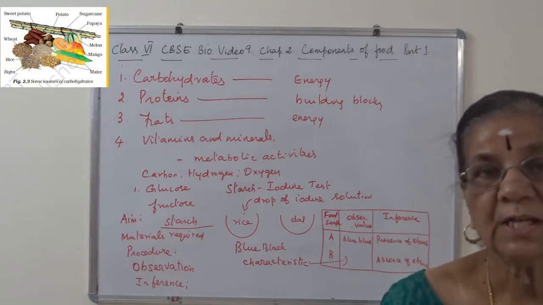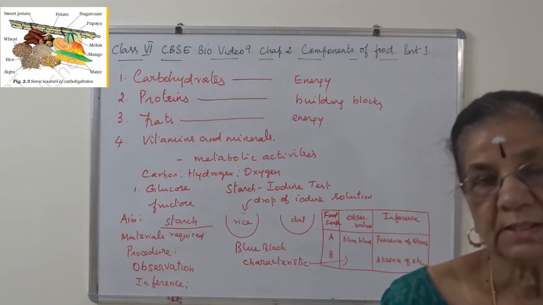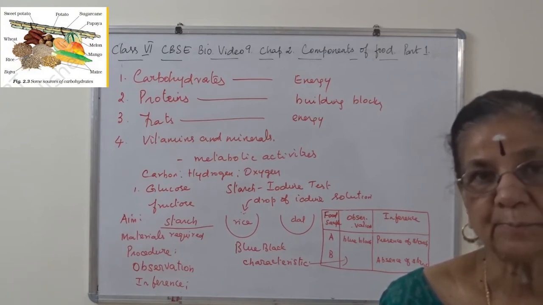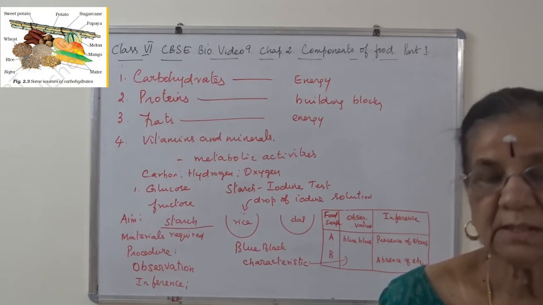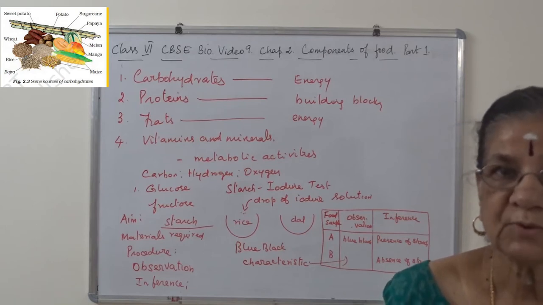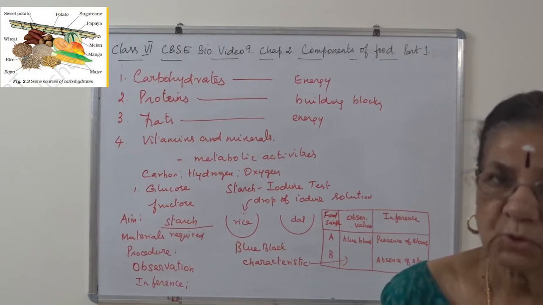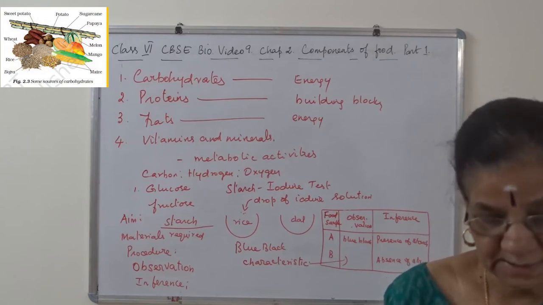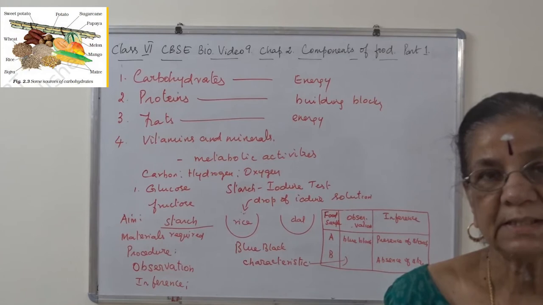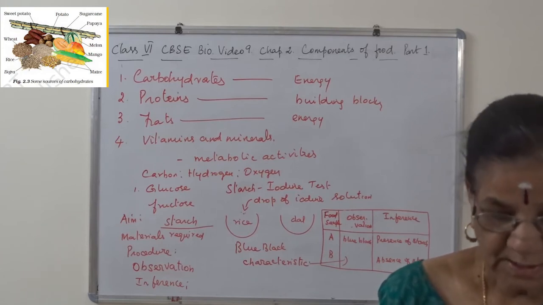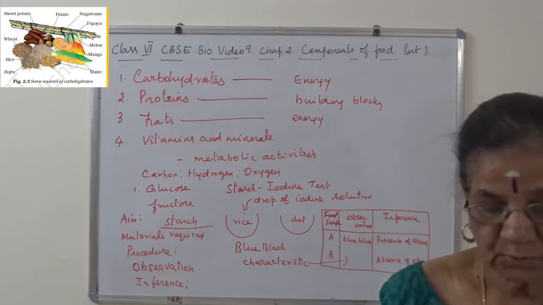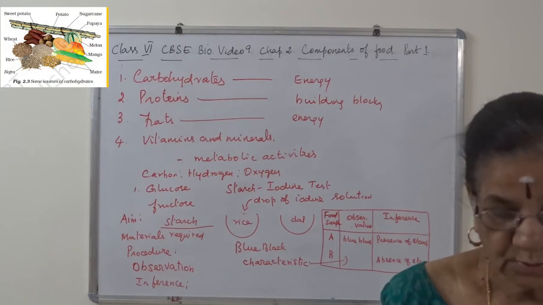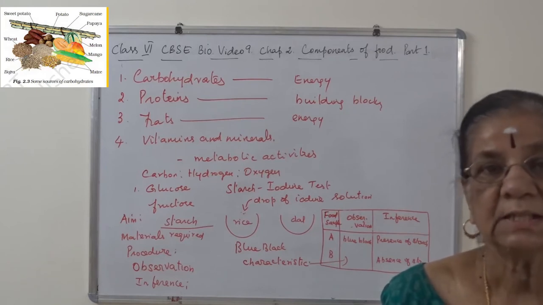Observe if there is any change in the color of the food item, and detect the blue black color that you have to identify. A blue black color indicates that it contains starch. Repeat this test with another food item to find out which of these contain starch.